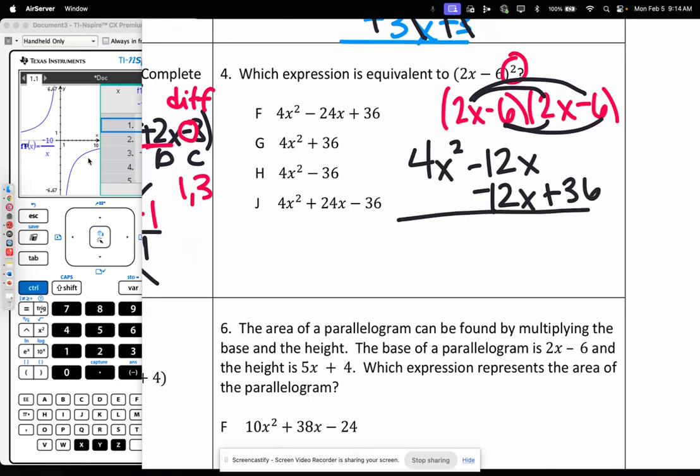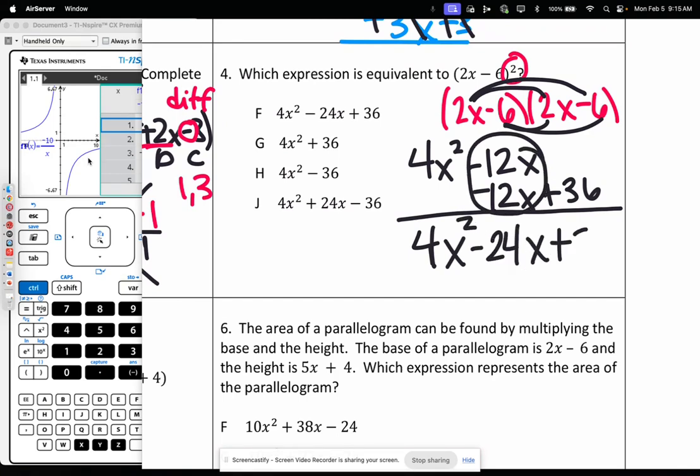A negative times a negative is a positive. And then I have x's that I can put together: 4x squared minus 24x plus 36. So that is F, but whenever you see this squared piece, you need to write it out twice. That doesn't just mean distribute the squared.